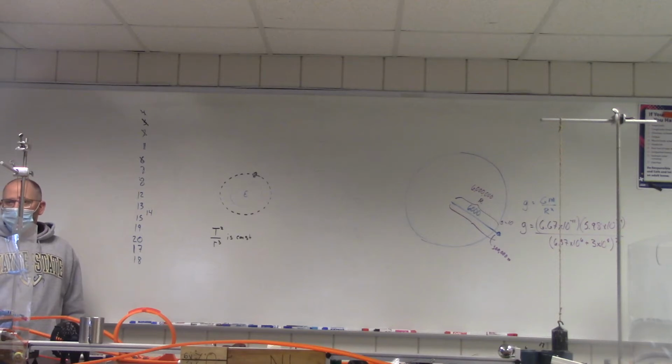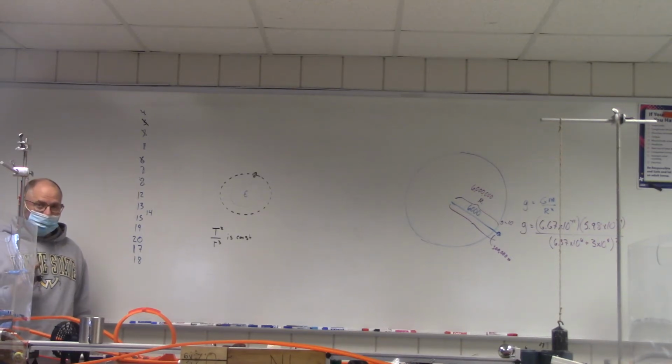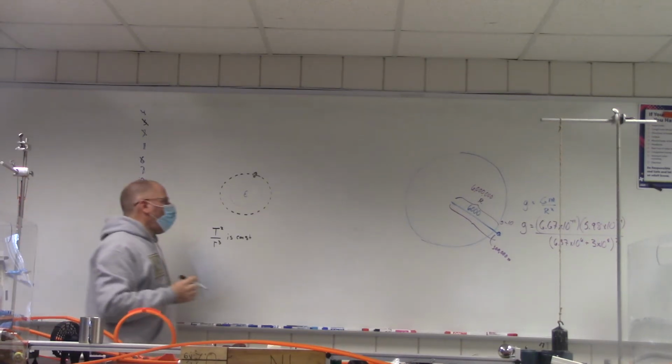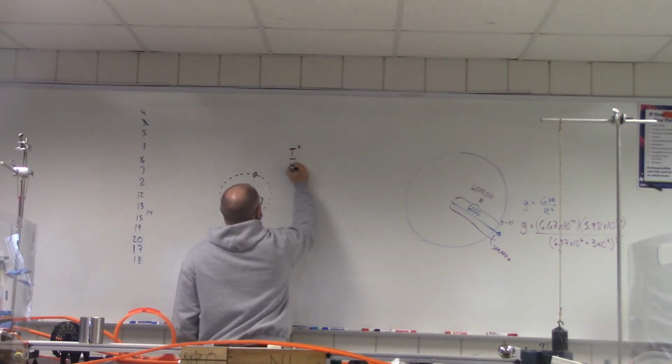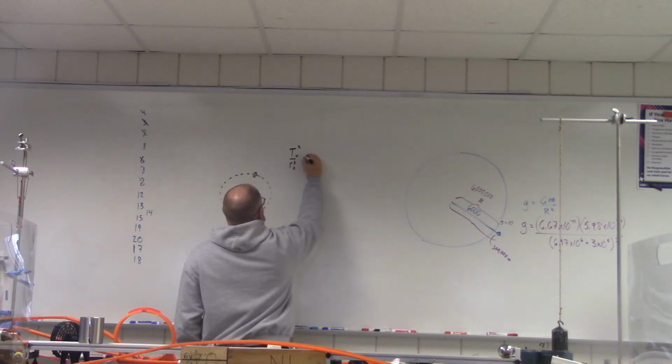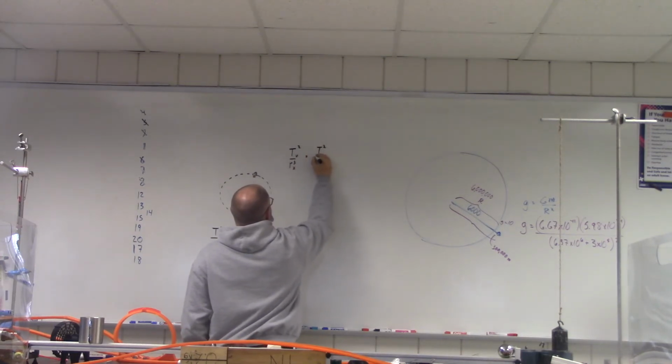That was Kepler's third law. It may not have been obvious in the moment. What that means is that the T squared over r cubed for X has to be equal to the T squared over r cubed for Y.